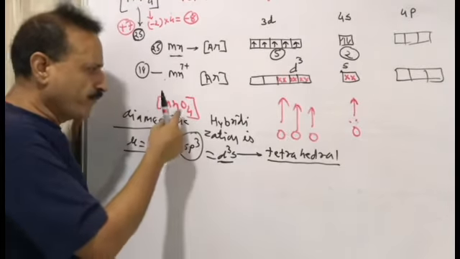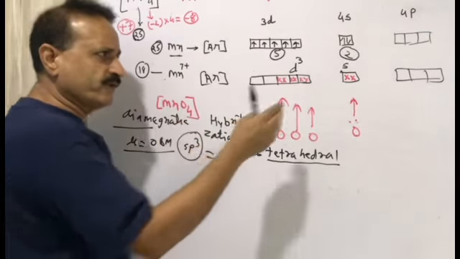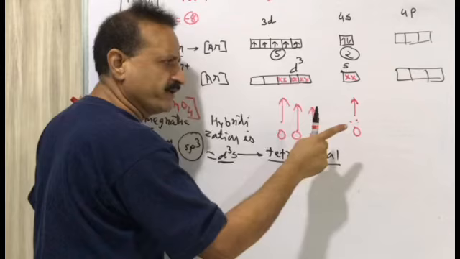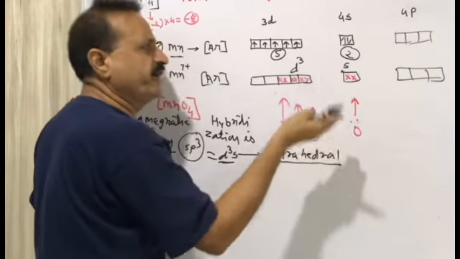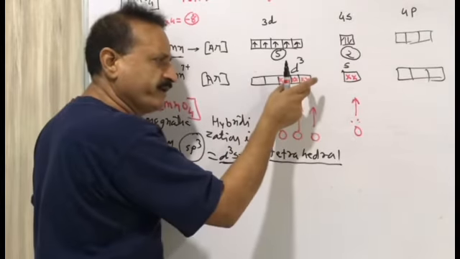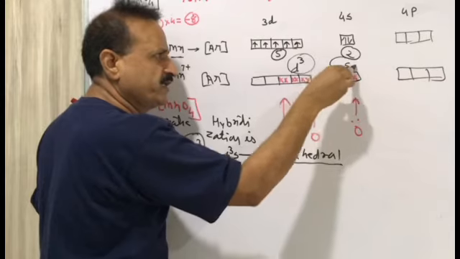Now 4 oxygens will give 4 electron pairs. The first electron pair will be given to the s orbital. It is compulsory because it is weak. Then the remaining 3 electron pairs will fill the d orbitals. So the hybridization is d3s.